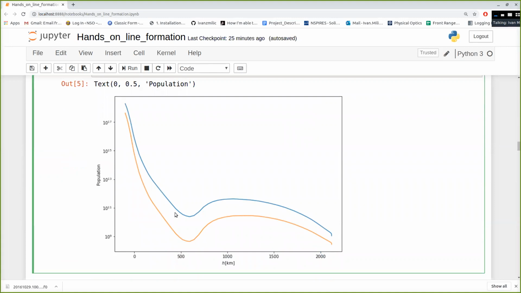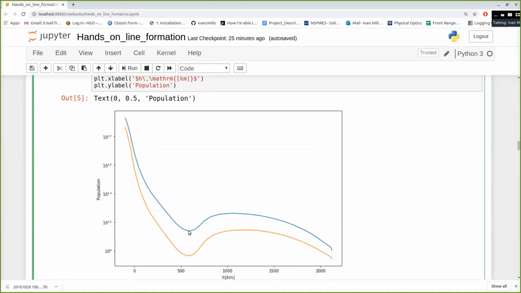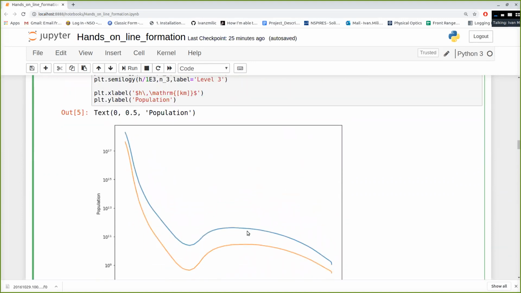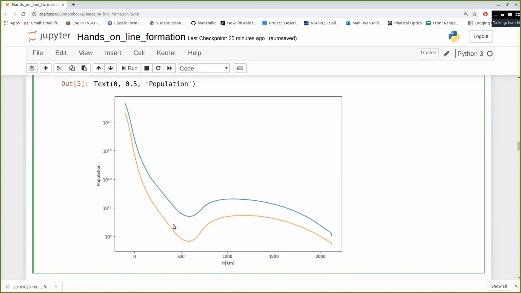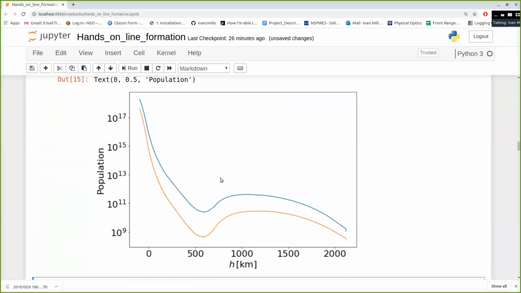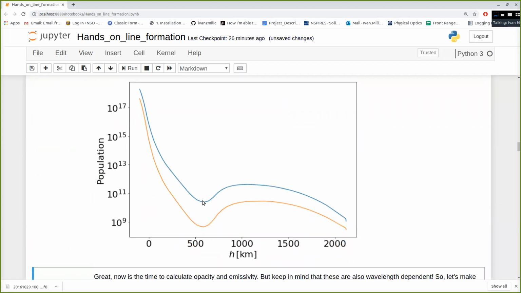Okay, and after I calculate these two things, I can plot the population of these two levels, and they look like this. And you probably remember this plot from two lectures ago. We have this dip of the population around the temperature minimum. So even though the particle density is much smaller in the mid-chromosphere, which is something between 1,000 and 1,500 kilometers, the populations of the second and third level are still higher than in the temperature minimum, because in the temperature minimum, the temperature is so low that you cannot get enough hydrogen in the second and third level.